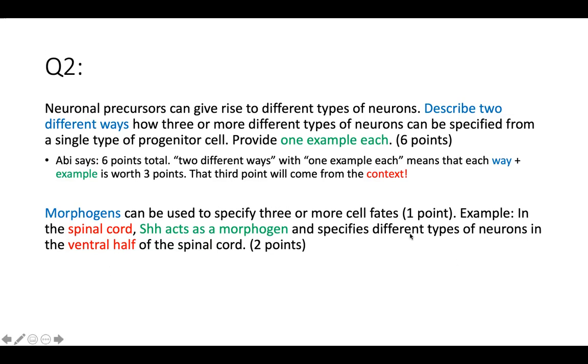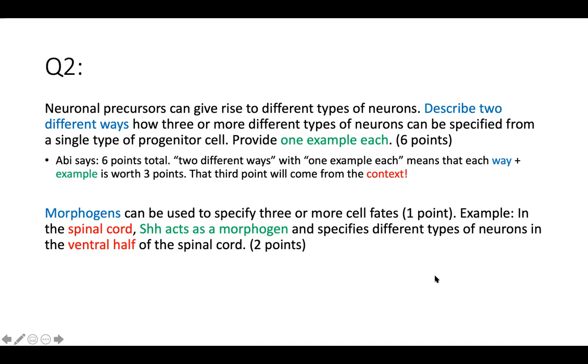So we have a question. Can you explain in a bit more detail what you mean by context? So what I mean by context in general is the where, the what, the when. So here we have a morphogen, i.e. sonic hedgehog, is patterning the ventral half of the spinal cord. Okay, you got 3 points there.